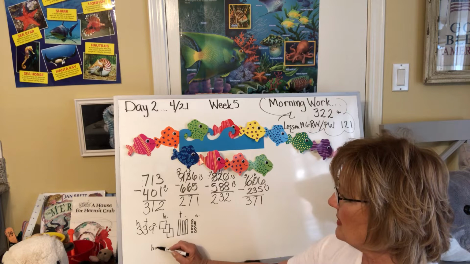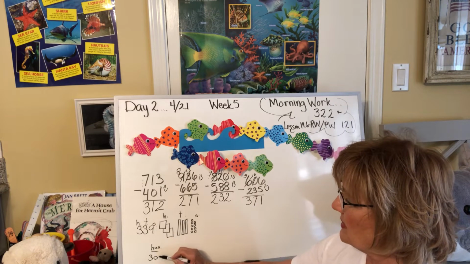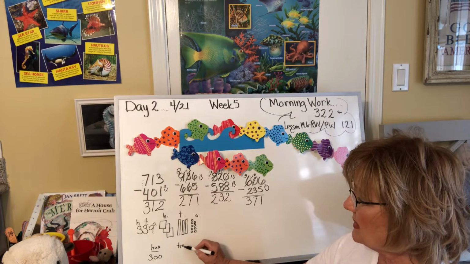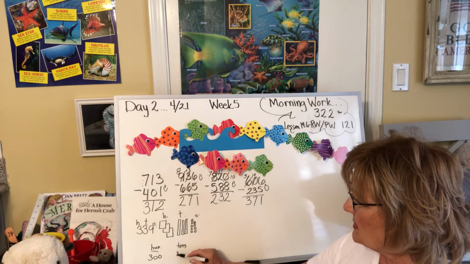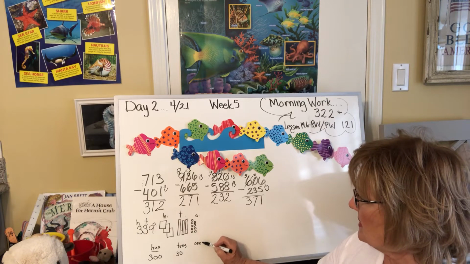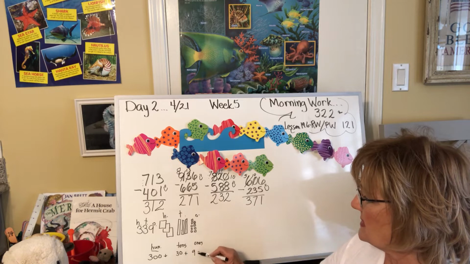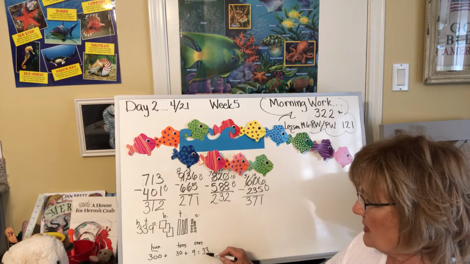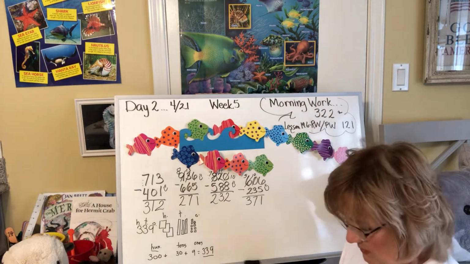So under the hundreds, you have 300. Under the tens, what are 3 tens worth? 10, 20, 30. So you have 30. And under the ones, you have 9. If you were to add 300 plus 30 plus 9, you get 3 in the hundreds place, 3 in the tens place, 9 in the ones place, 339, okay?